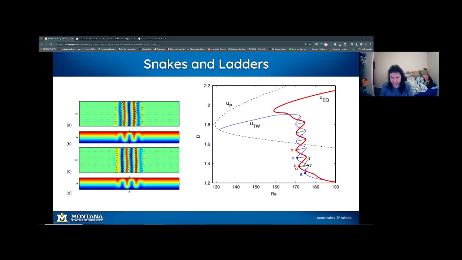And the interesting thing is that it also demonstrated this snakes and ladders shape in this plot. That's what they call it. This type of behavior is really interesting.